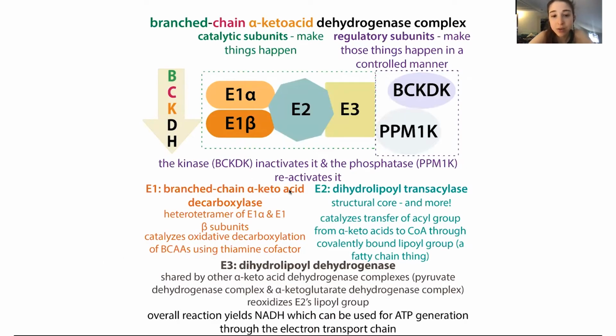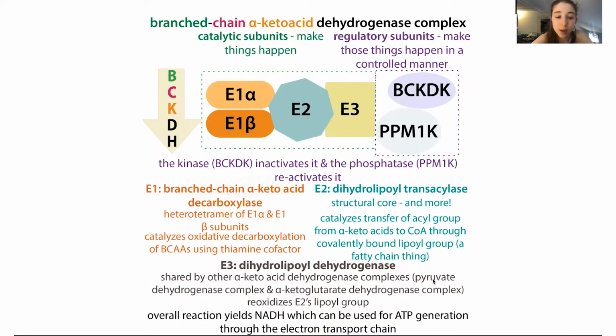And then you have to reset the system. So you have this E3, the dihydrolipoyl dehydrogenase, and it's going to reoxidize that lipoyl group, getting it back to that SS state where it can then be attacked to have the acyl group attached, and then transfer that to coenzyme A. An important note about E3 is that it's shared by other alpha keto acid dehydrogenase complexes.